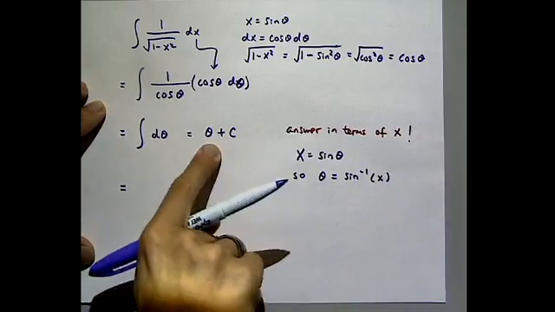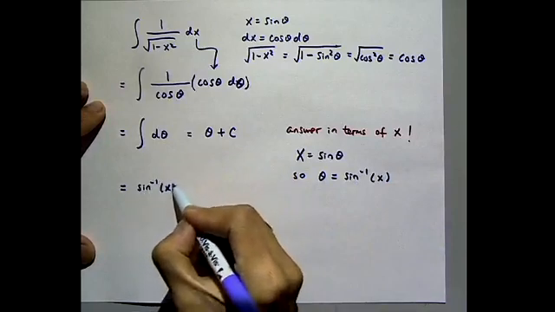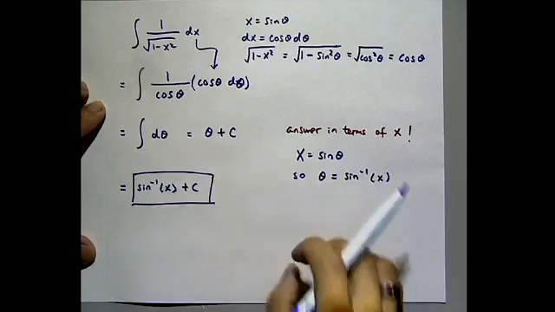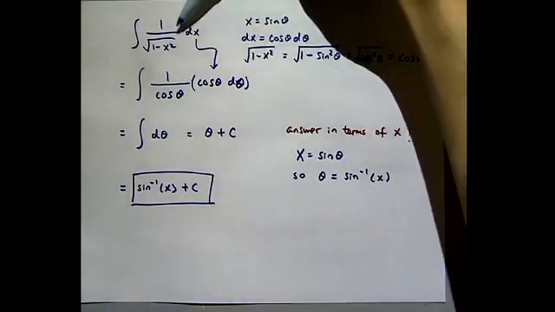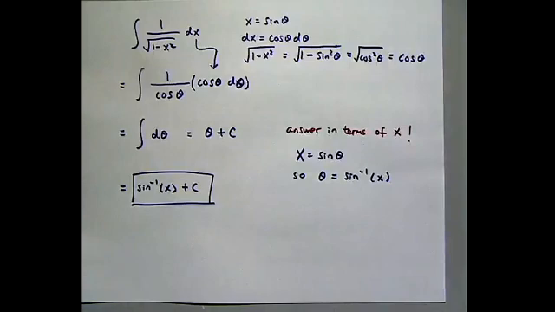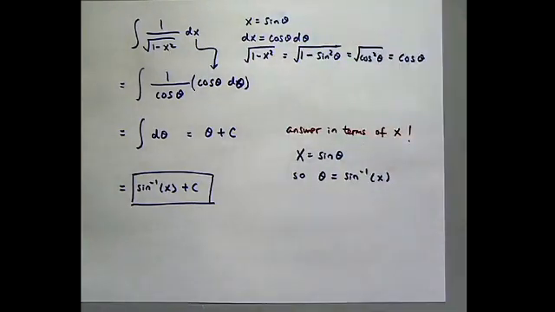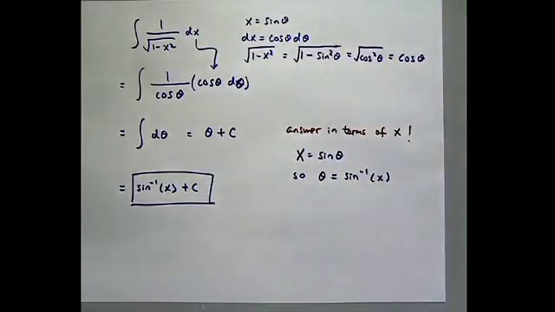So therefore, this turns into the inverse sine of x plus some constant c. And you might have recognized in the beginning that this is the derivative of inverse sine that I think we did one example a while back using an inverse sine. So you might remember that being the derivative. So now you see another way to come to that conclusion that this is the derivative of inverse sine.